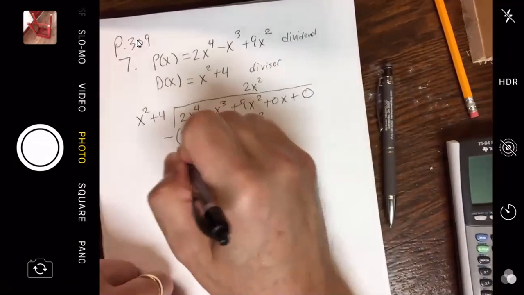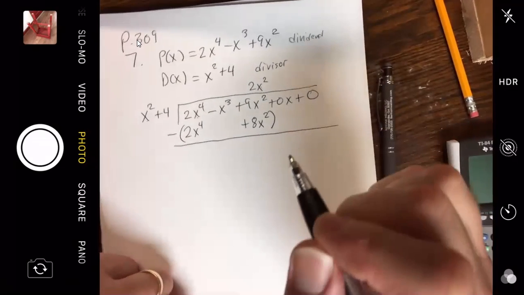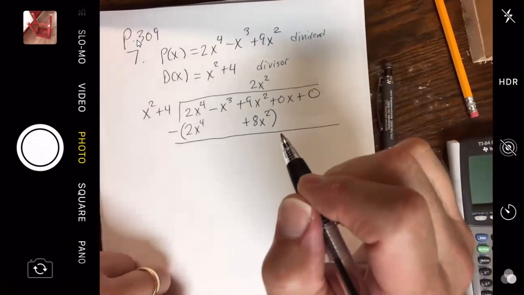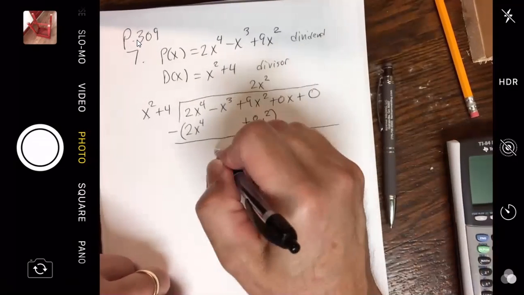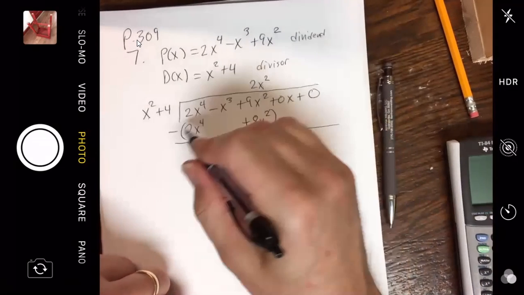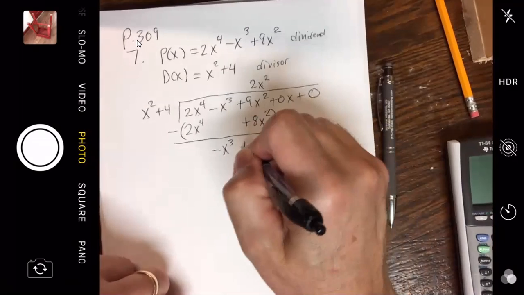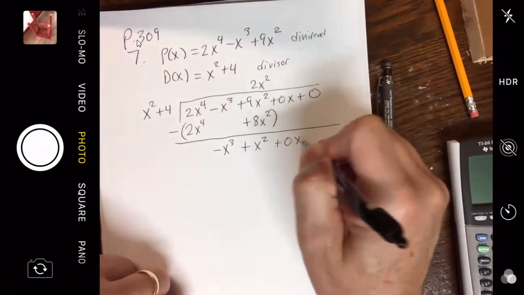You must line up the like terms, put them in parentheses, distribute your minus. Lead piece cancels. I'm going to bring down a negative x cubed. And a 9x squared minus an 8x squared will be positive x squared. I'll tack on the 0x plus 0.